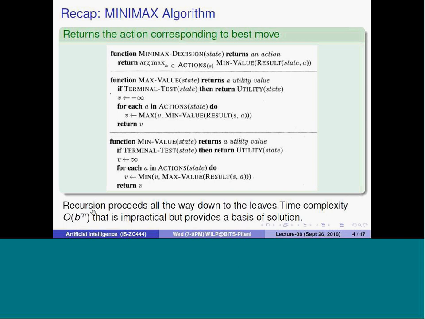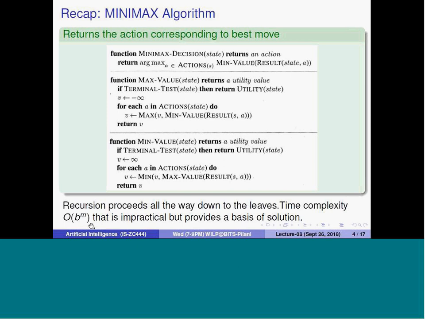It is a recursive procedure, and the recursion proceeds all the way down to the leaves. The time complexity is b to the power n. How much time does it need to find the solution? To find the next move, you have to go from top to down until you find a winning scenario, and then in that path you see what is the maximum, and take that path.